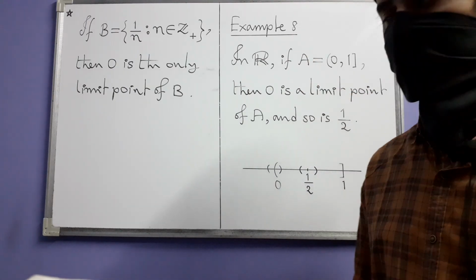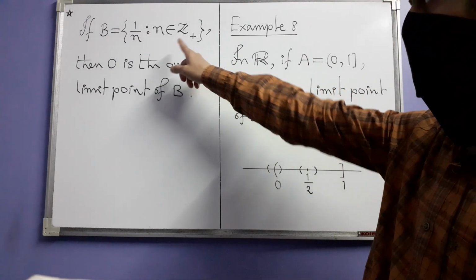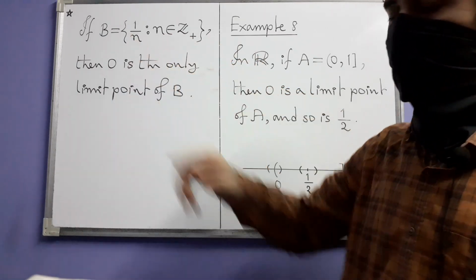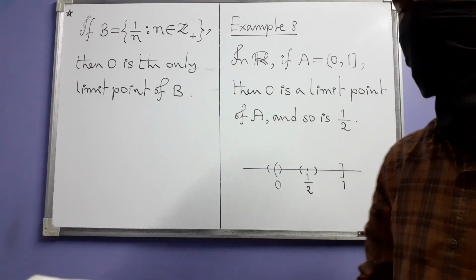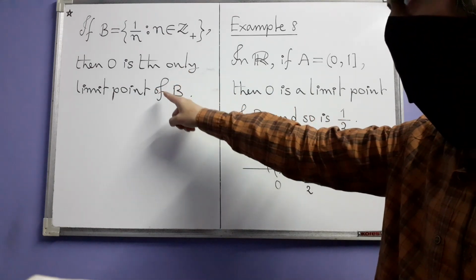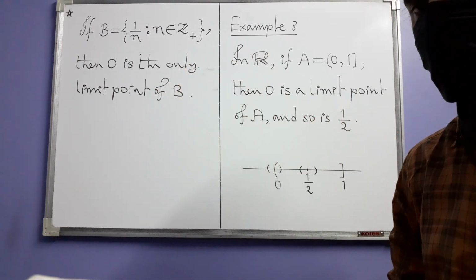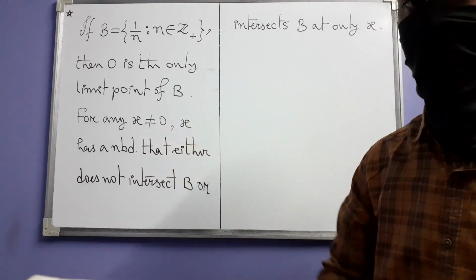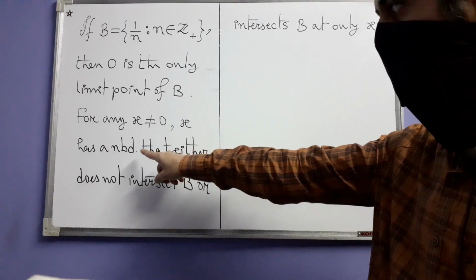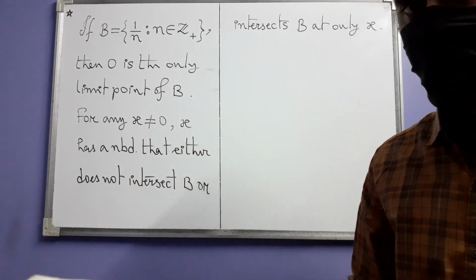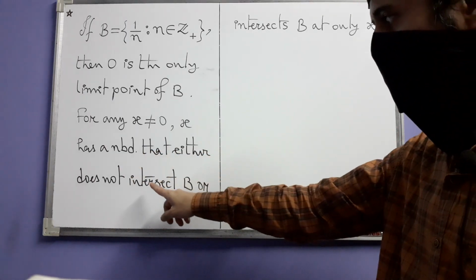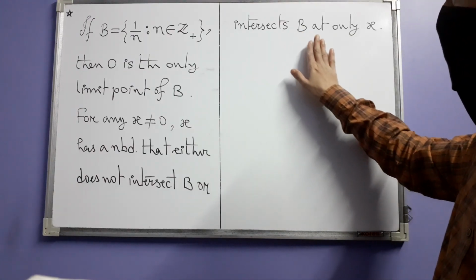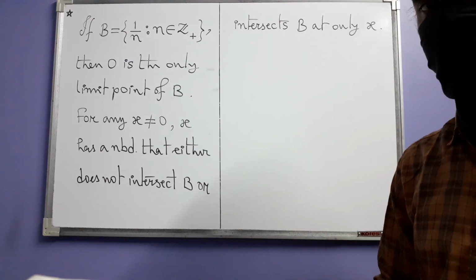And the example continues. If we consider in the same space R this set B, the set of reciprocals of all positive integers, then 0 is the only limit point of B. And the reason is this: for any non-zero real number x, x has at least one neighborhood that either does not intersect B at all or intersects B at only x.